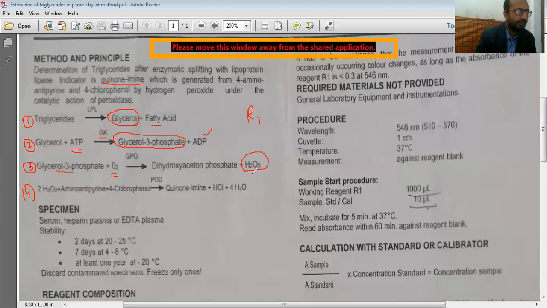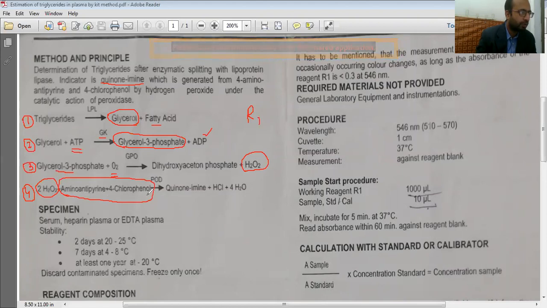And if we have more hydrogen peroxide, it would react with other reagents, called amino antipyrine and 4-chlorophenol.